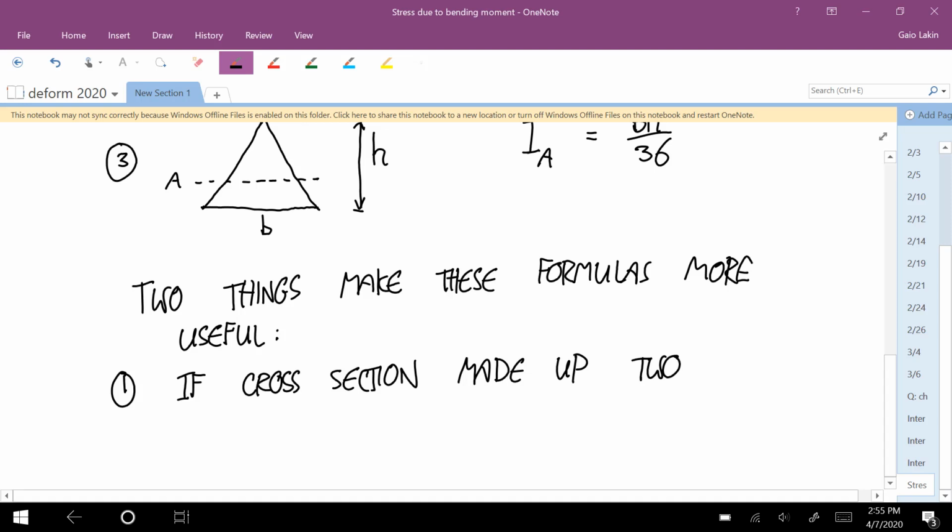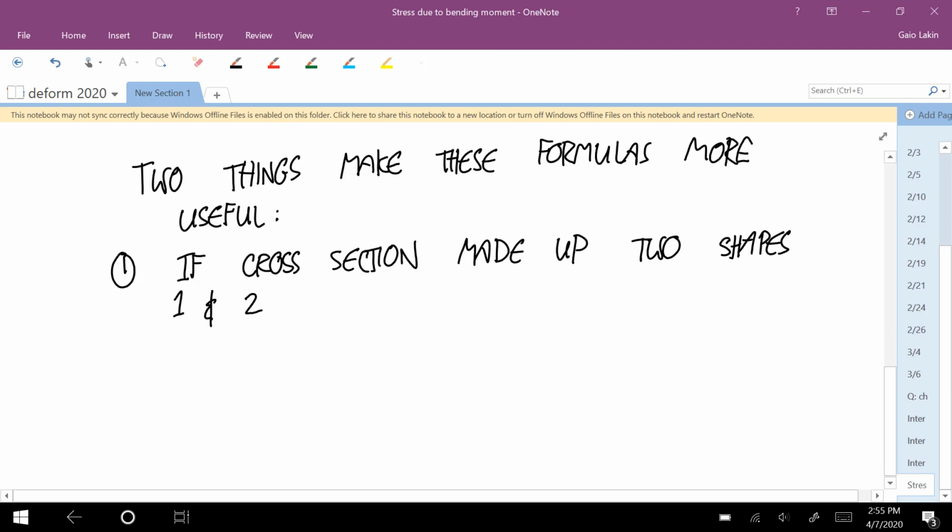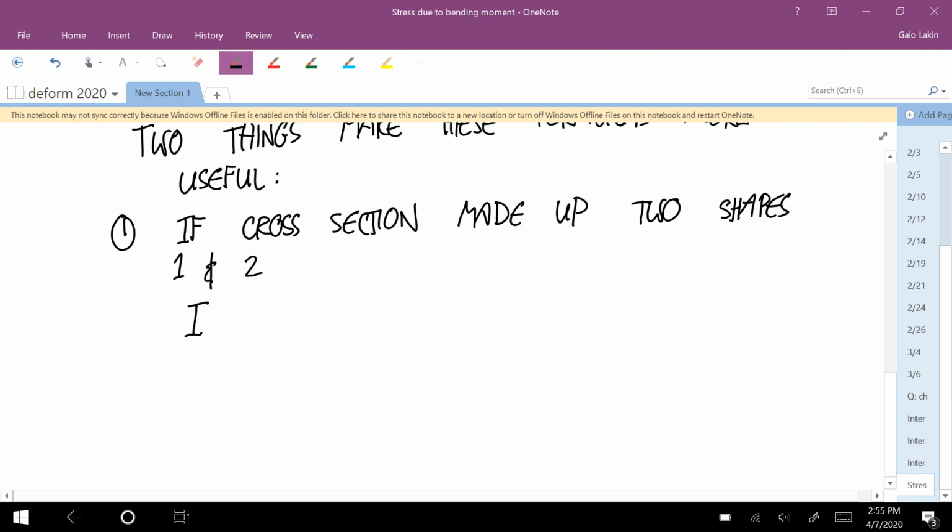So if it's made up of two shapes, 1 and 2, then the area moment of inertia of the combined shape 1 and 2 is equal to the area moment of inertia of 1 about A plus the area moment of inertia of 2 about A.